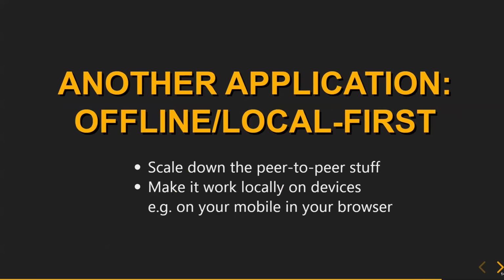And then real quick, because I have hardly any time left. This is kind of related, but I just want to say this project I currently work on is that you can even scale down the whole peer-to-peer distribution part to small devices. So what if you can just run a peer in your browser on your mobile device?